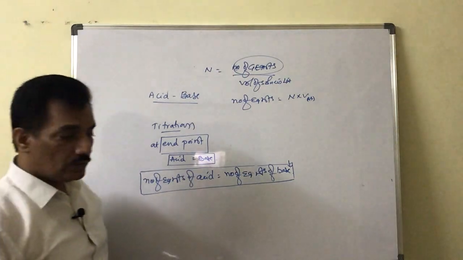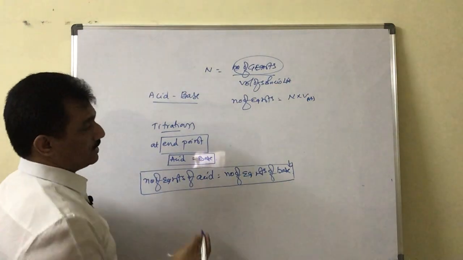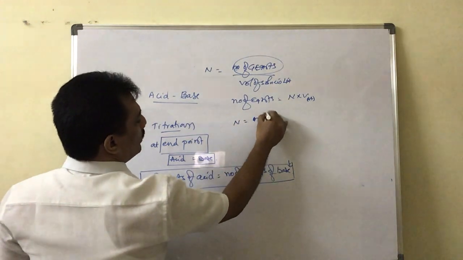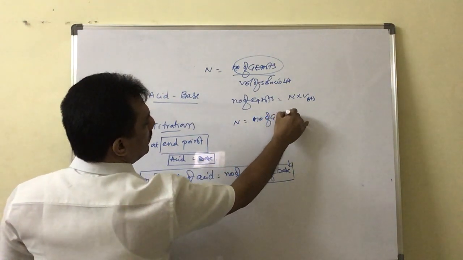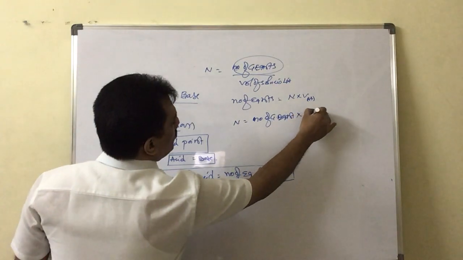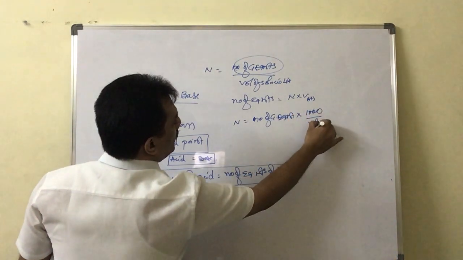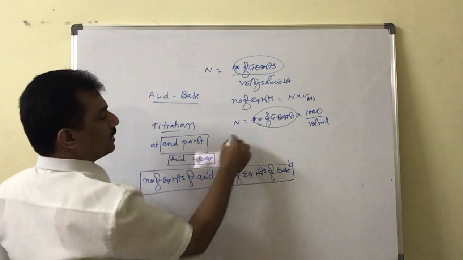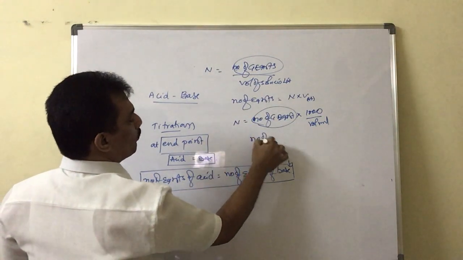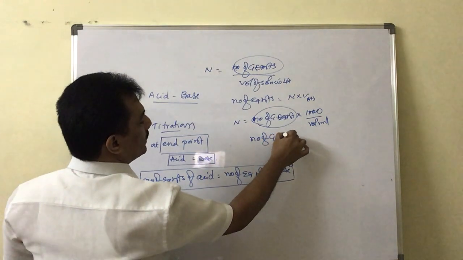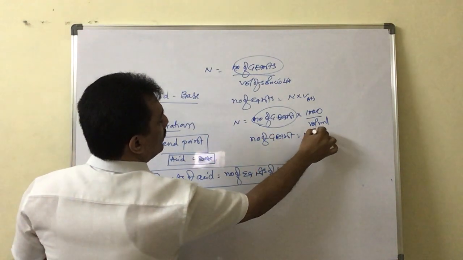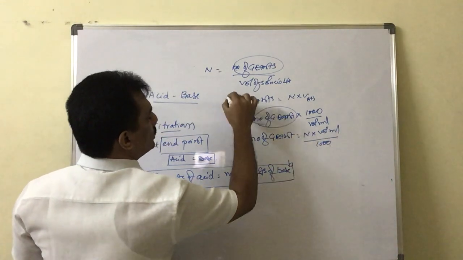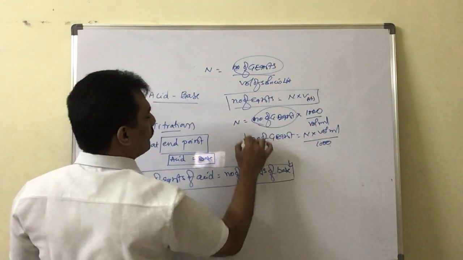And now our question is, in case it is given in milliliters, what will it be? Now normality is nothing but the number of gram equivalent weights into 1000 by volume in ml. And with this, the number of gram equivalent weights is equal to normality into volume in ml by 1000. So these are the formulae for liters and for milliliters.